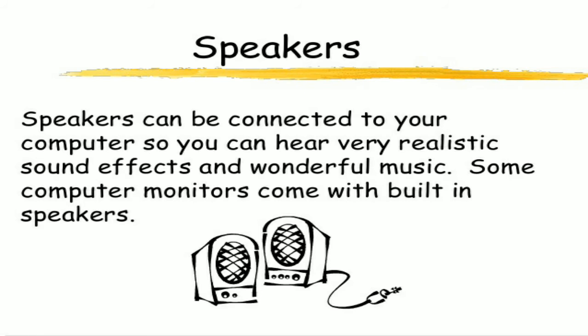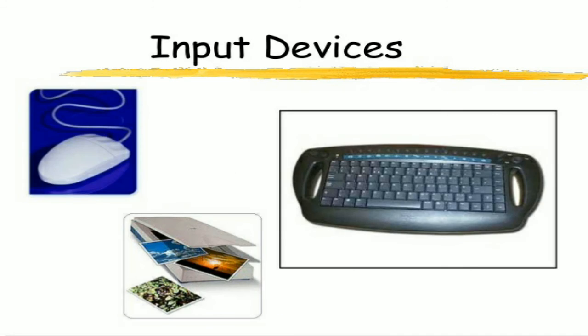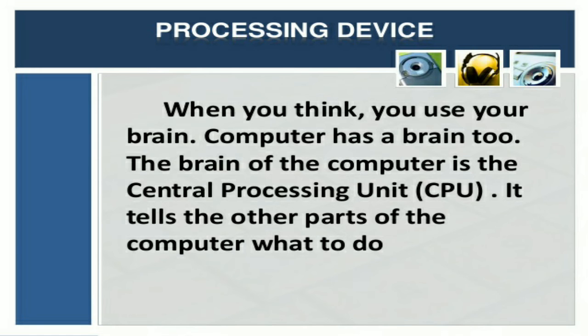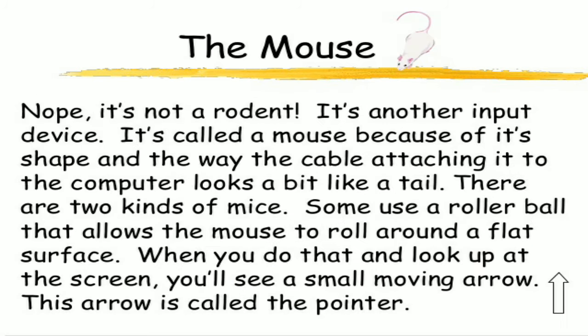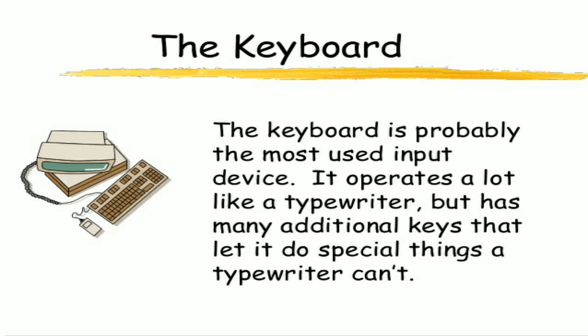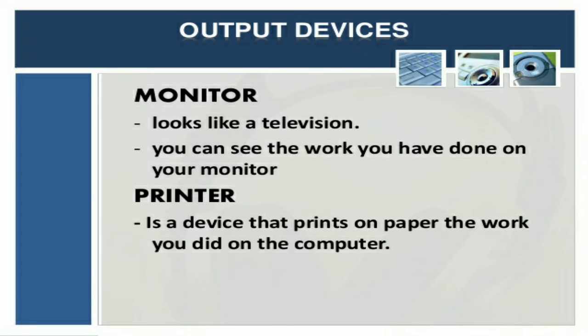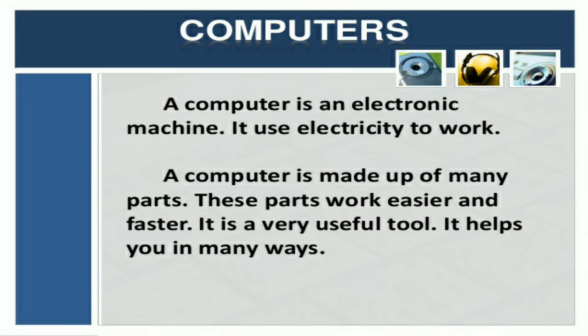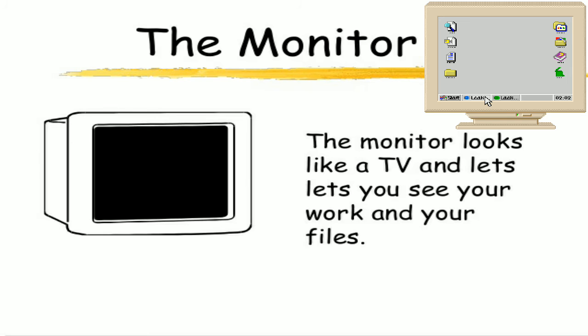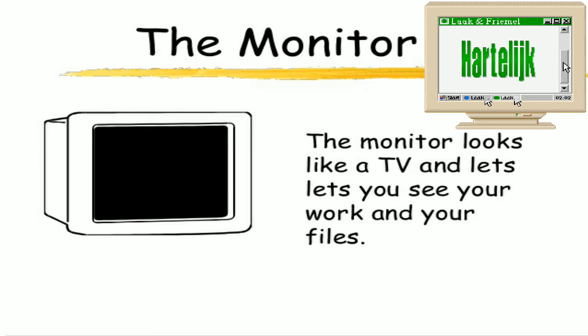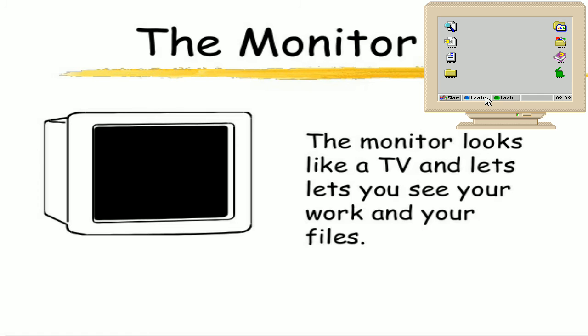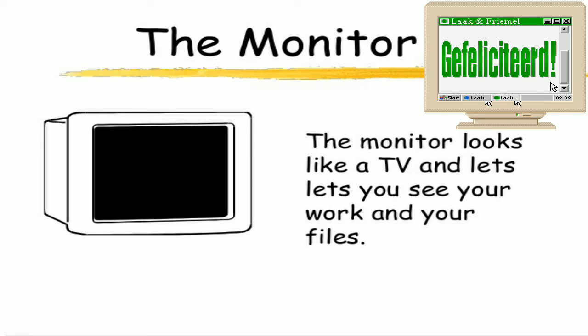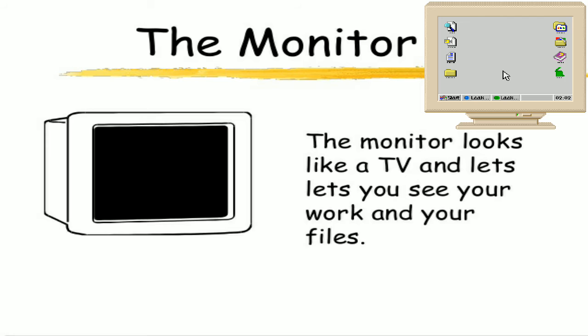So, children, in today's lecture, we learn about the computer and its devices. Firstly, we learn about the monitor. A monitor looks like a TV, and we see everything we work on in the monitor.